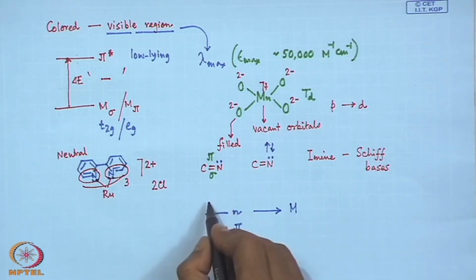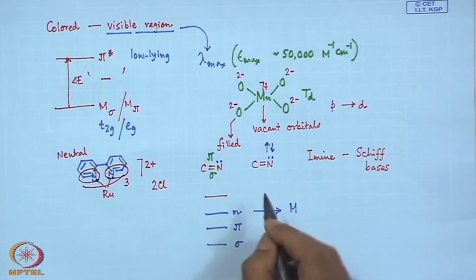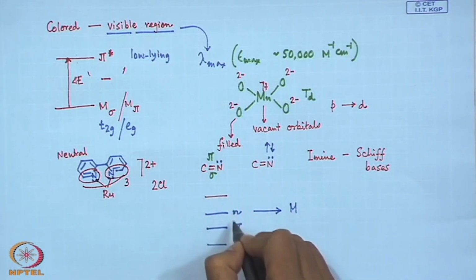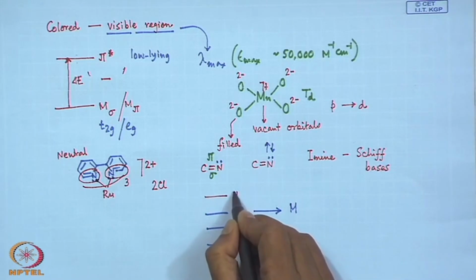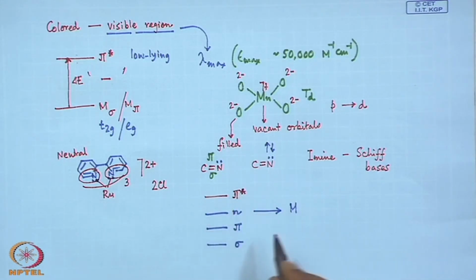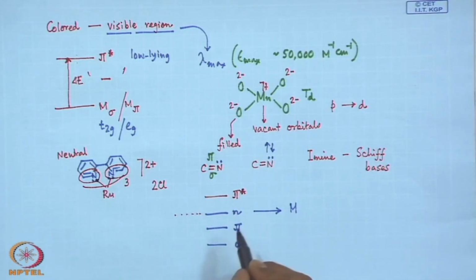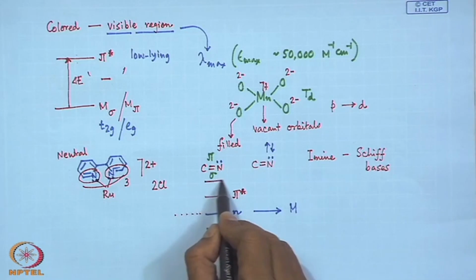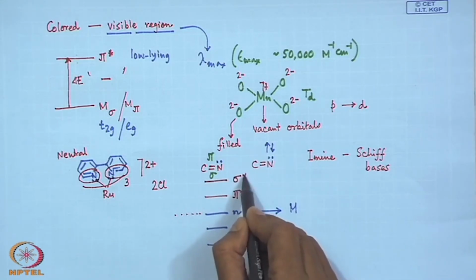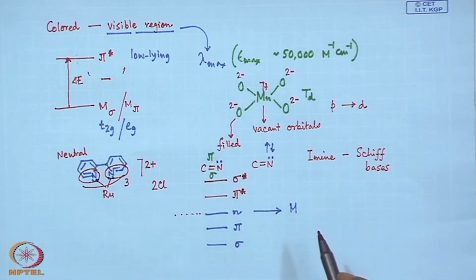On the other side, on the high energy side, we have the corresponding anti-bonding level of pi. So, the pi star will be of low energy, since sigma is mostly stabilized. If we consider this as the very center, the sigma star level is here.